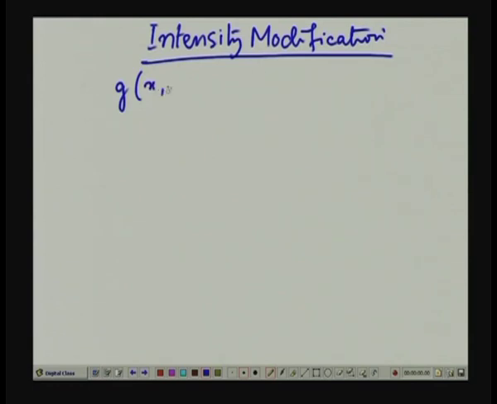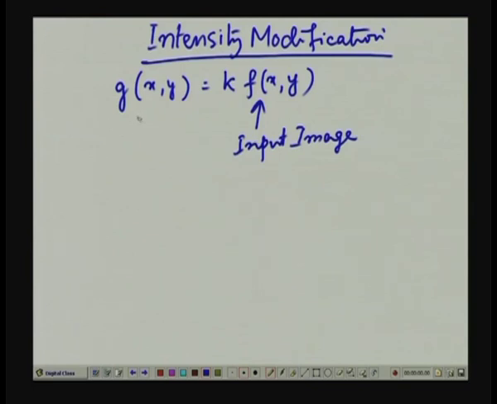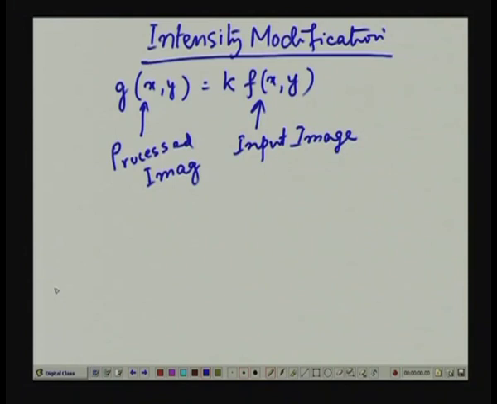Say g x y is equal to some constant k times f x y, where f x y is the input image, and g x y is the processed image. And in this particular case, if we are going for color scaling, or intensity scaling, intensity reduction, the value of k lies between 0 and 1.